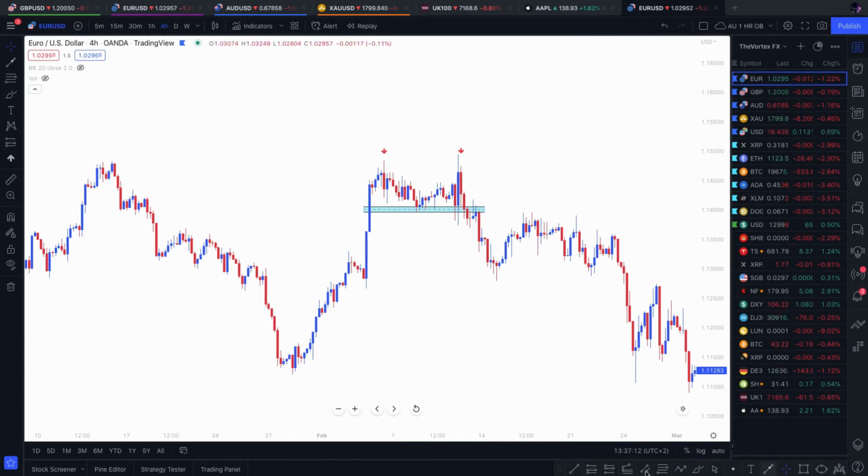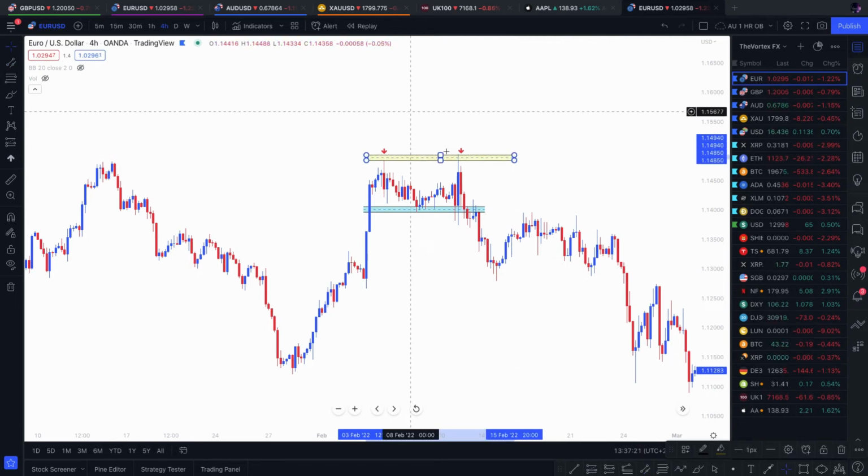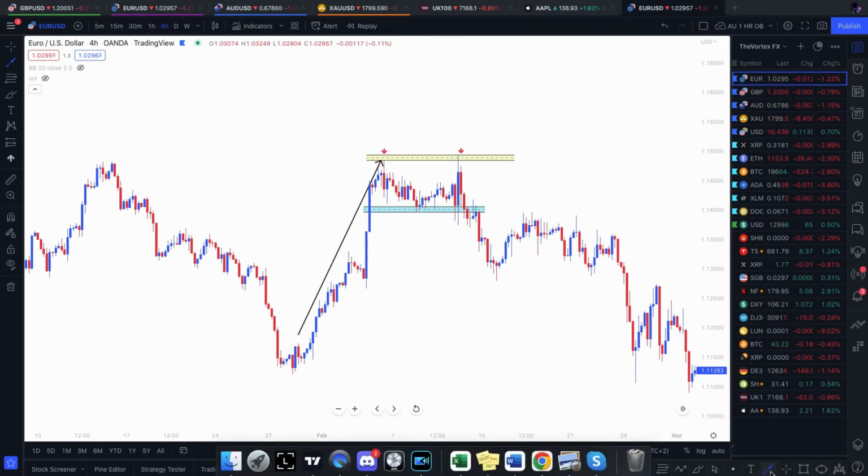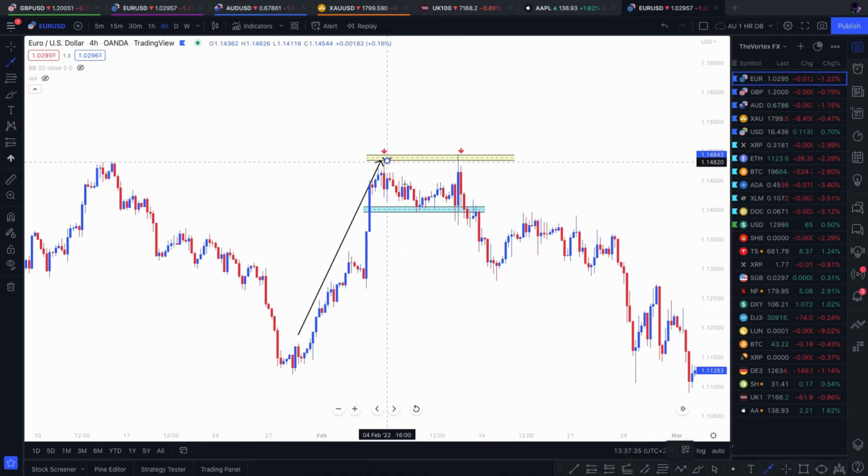We can call this resistance. This area right here is resistance. And I thought, okay, if price wants to come back up to the same area, perhaps it will struggle to break through it again. And that's exactly what happened. We had price come up to this zone right there, right? We then had price come down.